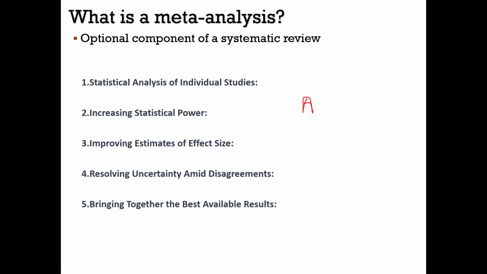Now I will take 3 studies here, A, B, C. Simply we can assume that all these 3 studies are measuring the impact of a particular drug on blood pressure.